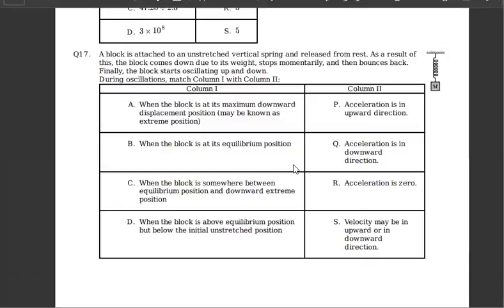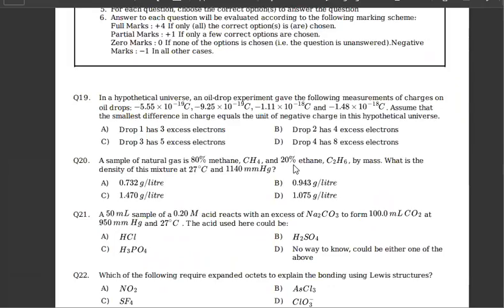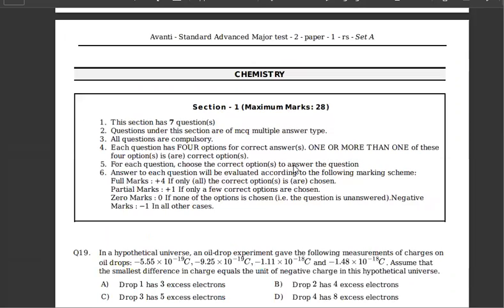We will discuss only the doubts. Okay, Aryan.